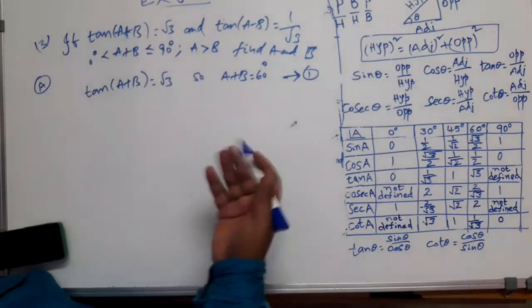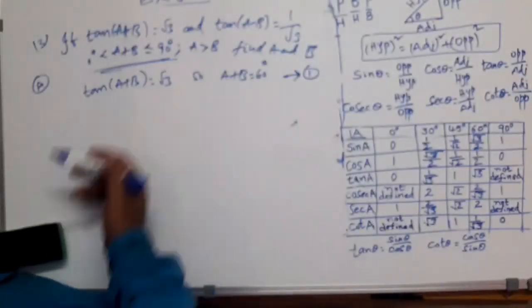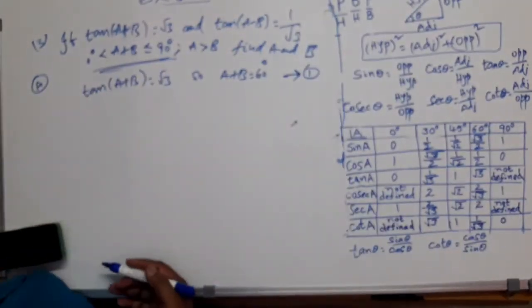Because to eliminate that confusion, he has mentioned in the question itself that the sum of angle A and angle B is between 0 degrees and 90 degrees. That is an acute angle, right?